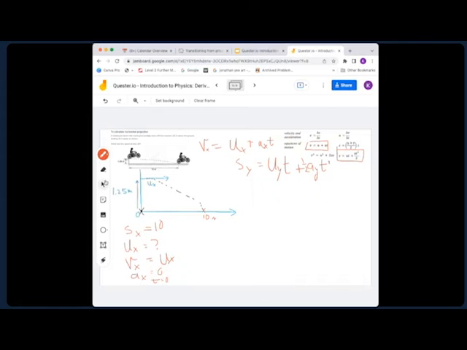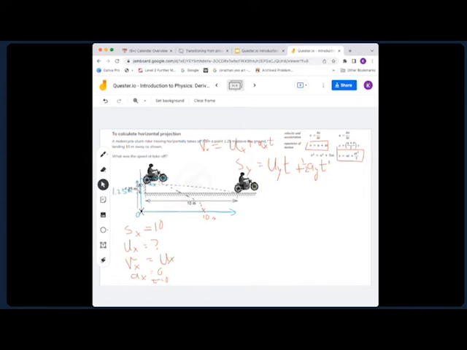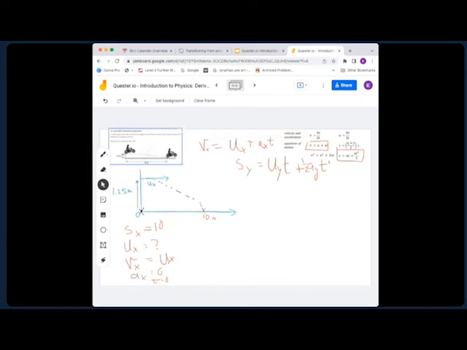Because in the question it says that the motorcyclist stunt rider is moving horizontally, there is 0 vertical initial velocity. So this part is going to be 0, and we can eliminate that completely.